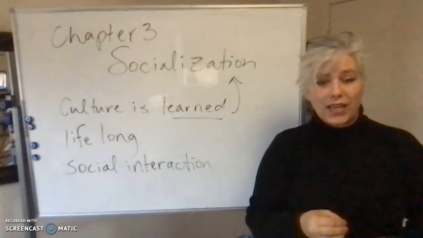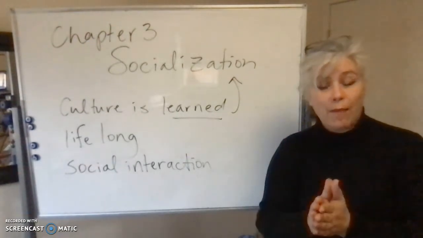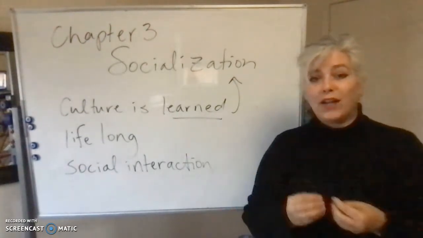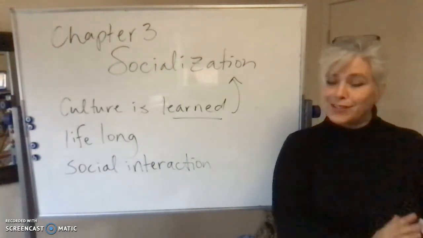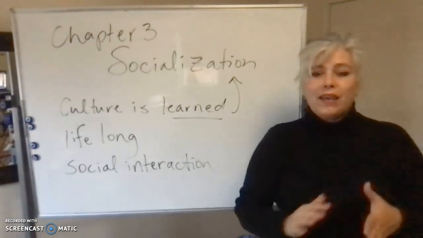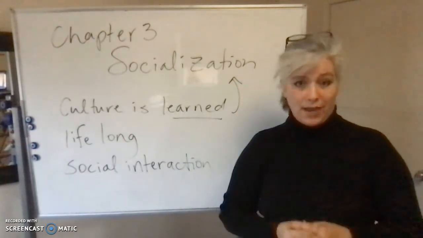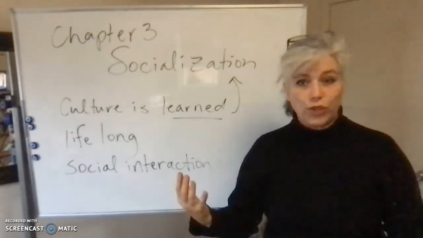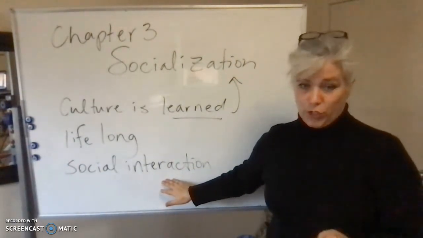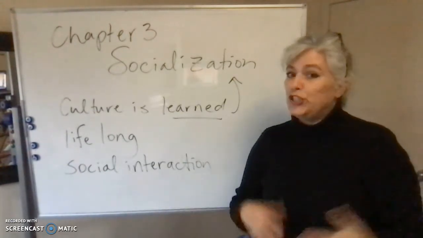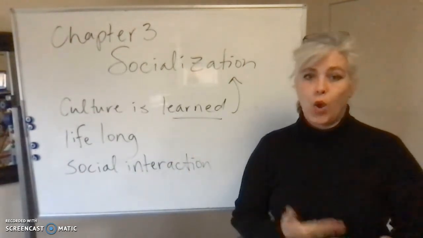So if a child gets positive sanctions for behavior, that child will learn that behavior as socially acceptable. If a child gets negative sanctions for a behavior, that child will eventually learn that that is not socially accepted behavior. But if that child sees behavior that is not socially acceptable, although the people around her that create life experience and social interaction for that child do it as a matter of fact in their daily life, the child is not going to know the difference.